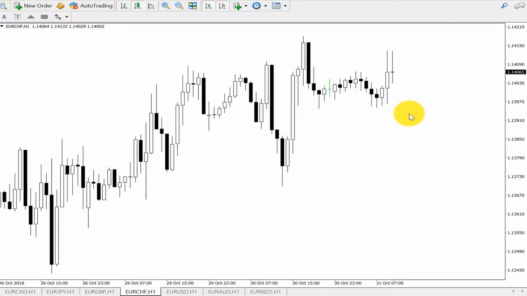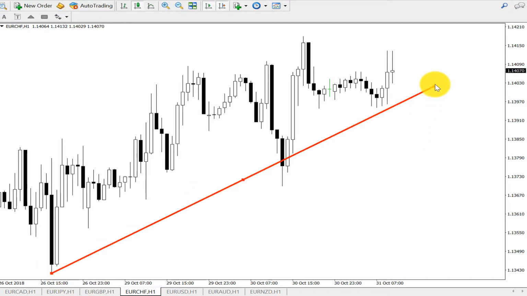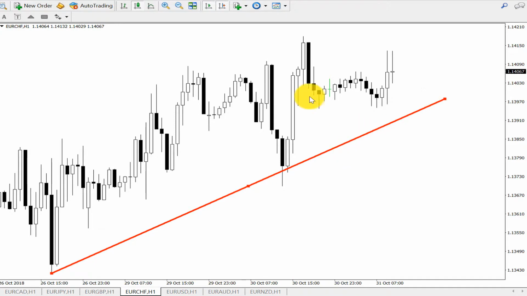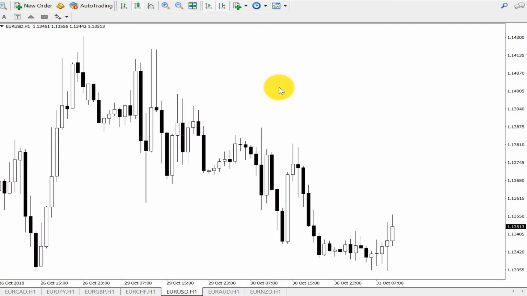Now we'll check euro Swiss franc. Again this pair is in uptrend. If we check now Euro USD 1 hour chart, this pair is in clear downtrend.